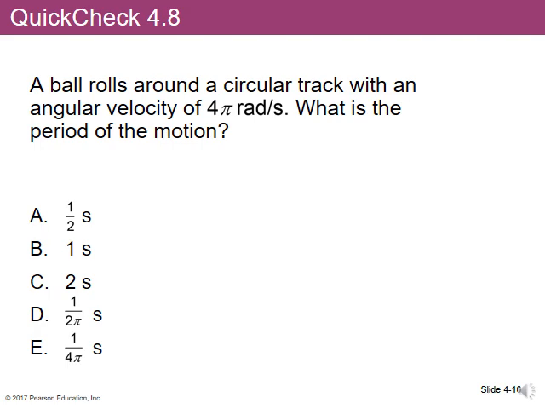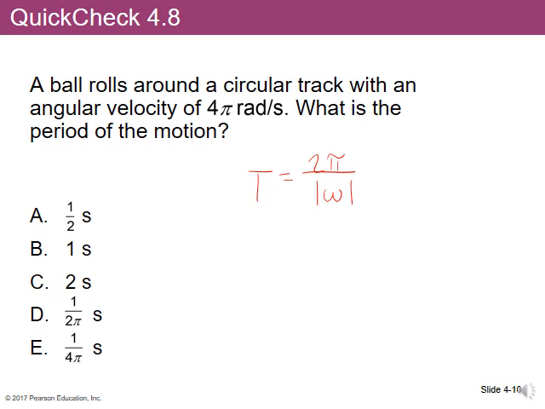It says, as a ball rolls around a circular track with an angular velocity of 4 pi radians per second, what is the period of the motion? Well, as we just saw, period is defined as 2 pi divided by the absolute value of angular velocity. Now, why do we make it the absolute value? Because period is not going to be a negative number. It's a time.